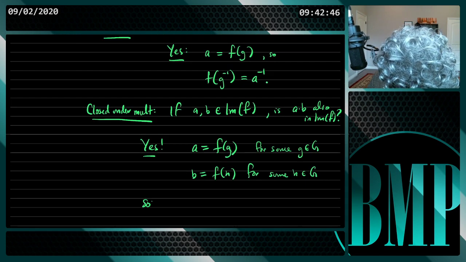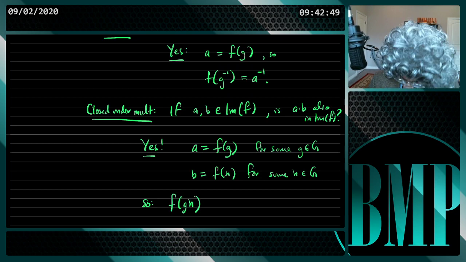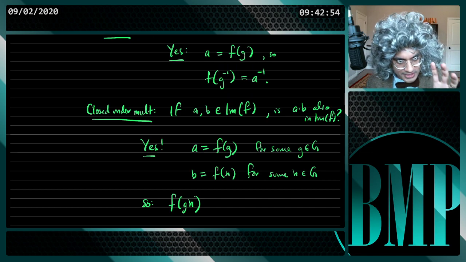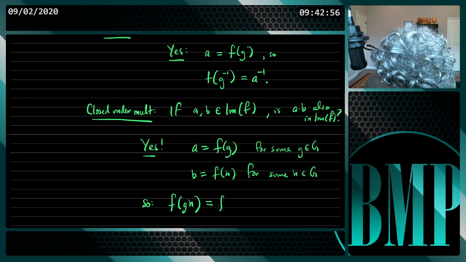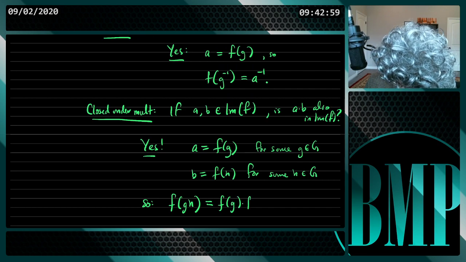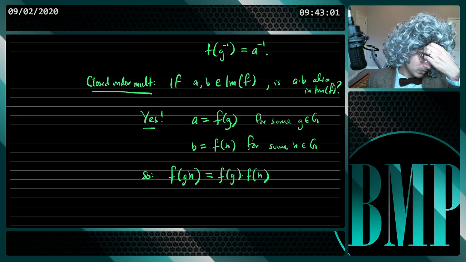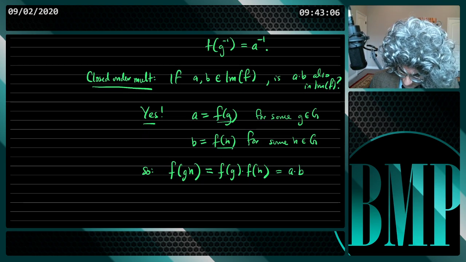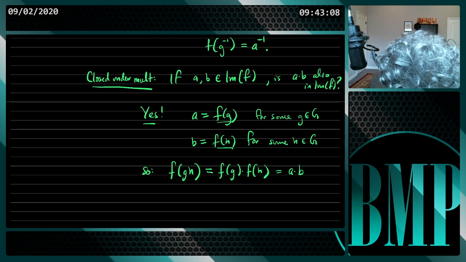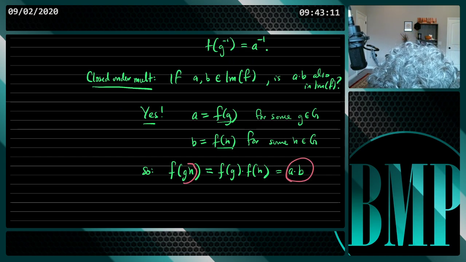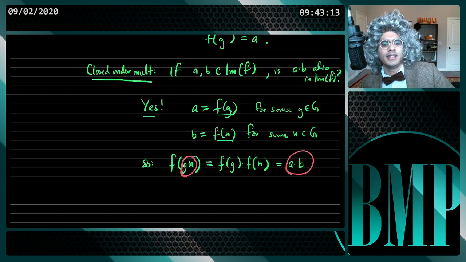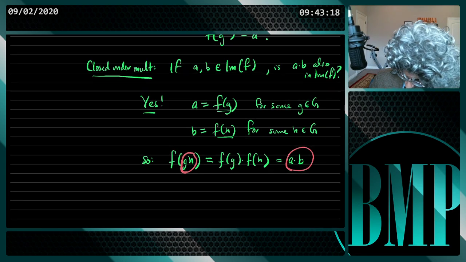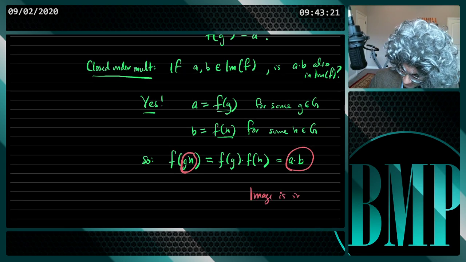And so, if you look at f of g times h, by the fact that f is a homomorphism, notice how you got to use that. Homomorphism says this is f of g times f of h, which is a times b by hypothesis. And so indeed a times b is the image of some element in the group G, right? So image is a subgroup. Done. Image is indeed a subgroup.